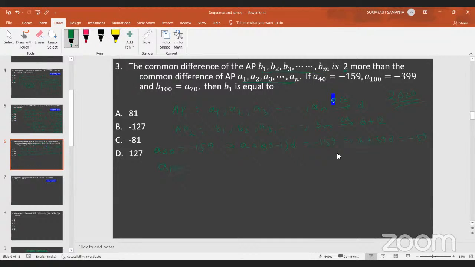And A100 is also given, that is minus 399. So this is A plus 100 minus 1 into D equal to minus 399, that is A plus 99D equal to minus 399. Yes or no? Yes, sir.